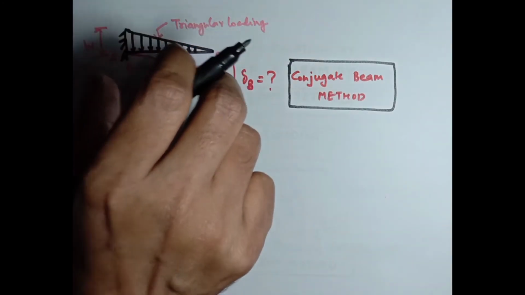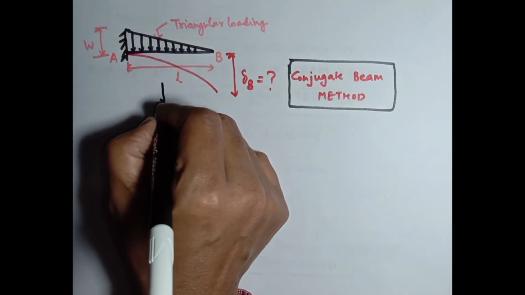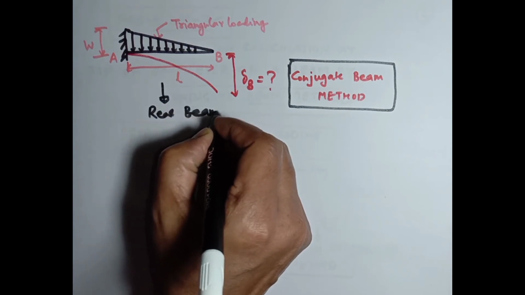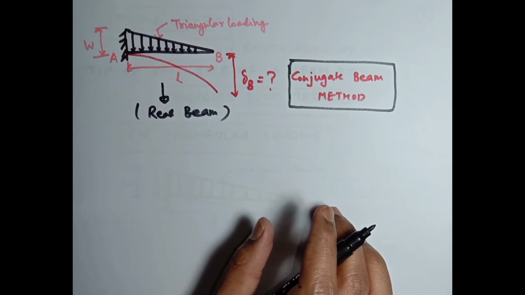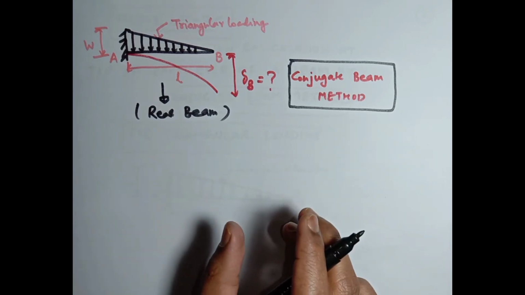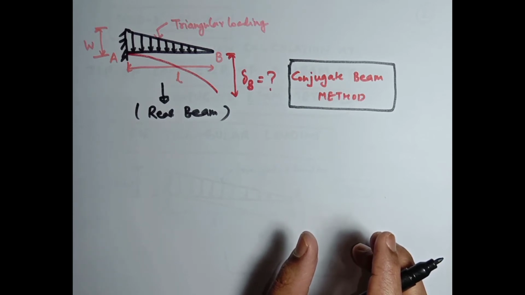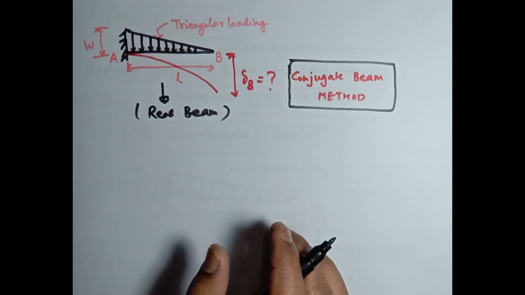This is the beam which is our subject of analysis, so it's a real beam. According to the theorem of the conjugate beam method, we need to develop another beam which is imaginary in nature, and we should know how to develop a conjugate beam from the real beam.